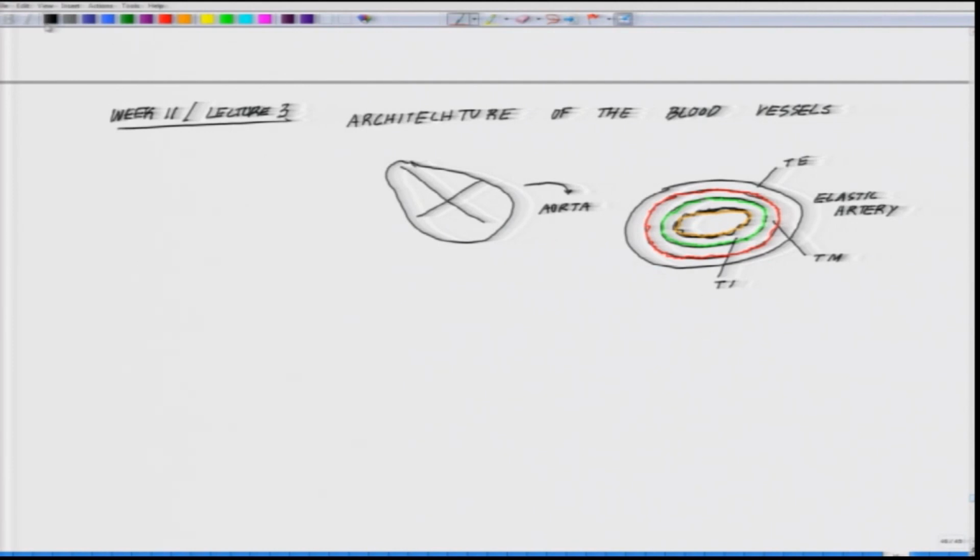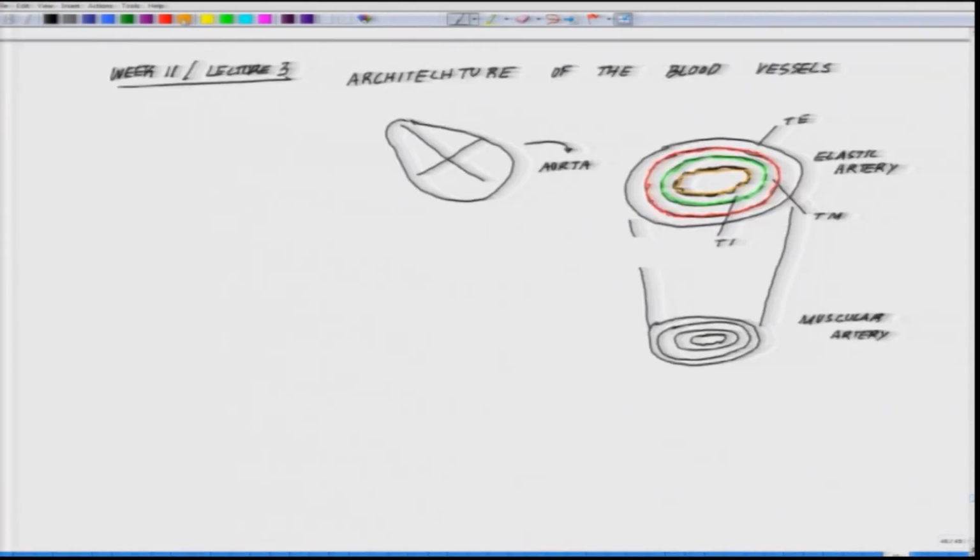Now the diameter of it kind of narrows down. The next level, what you see is this, which is called your muscular artery. You have more smooth muscle in them, and of course again same color coding if you follow.